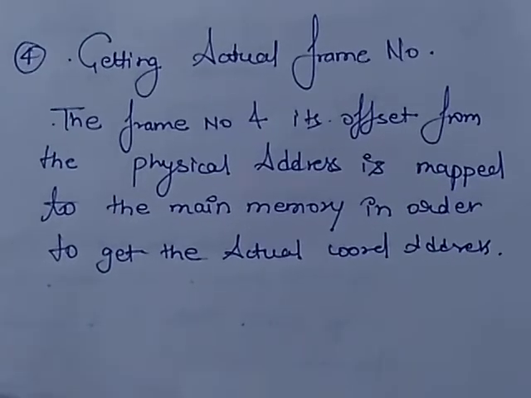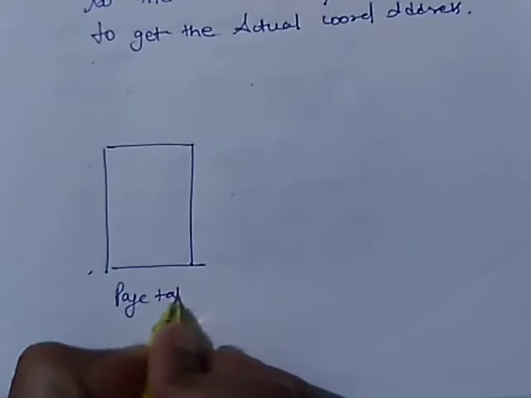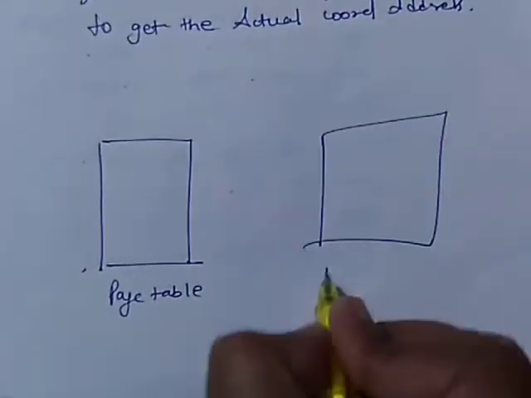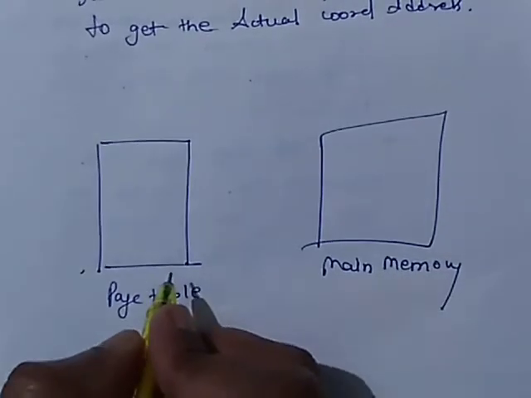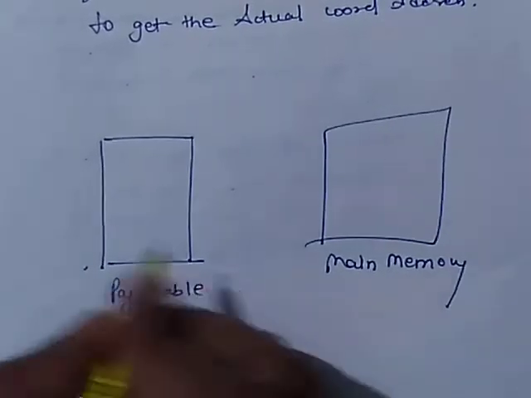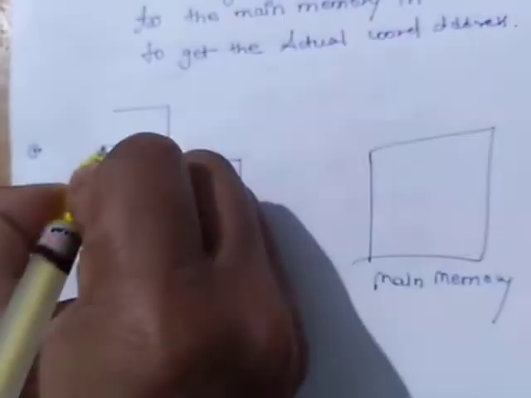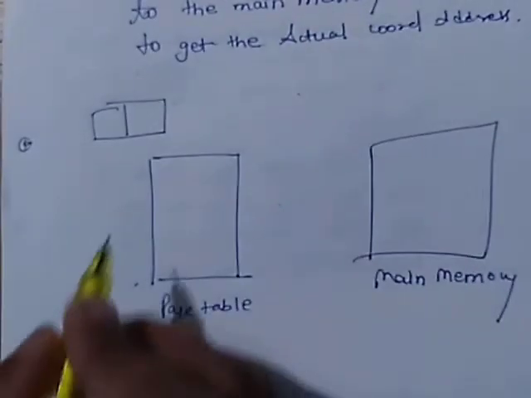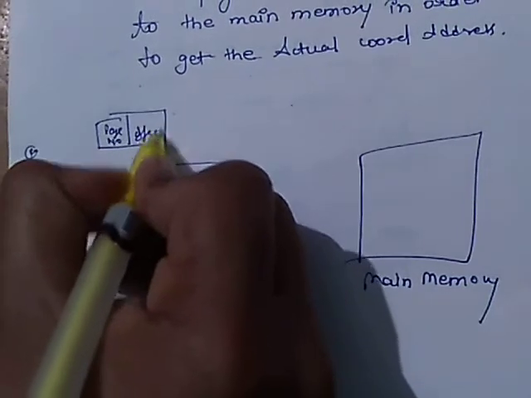So let us understand this with the help of a diagram. We have a page table and we have a main memory. Now suppose a logical address is generated by a CPU, that is a page number and offset.